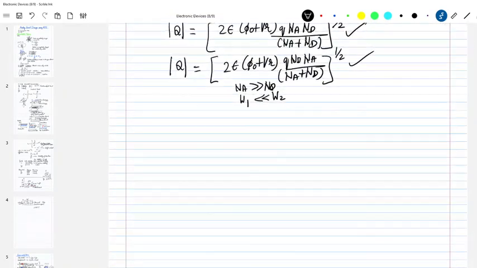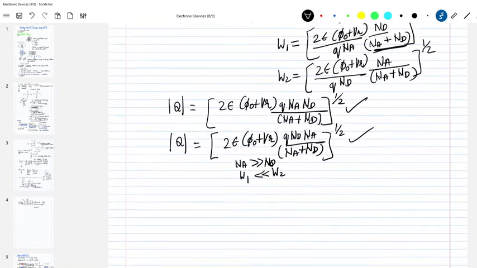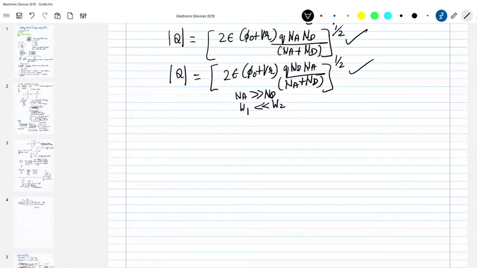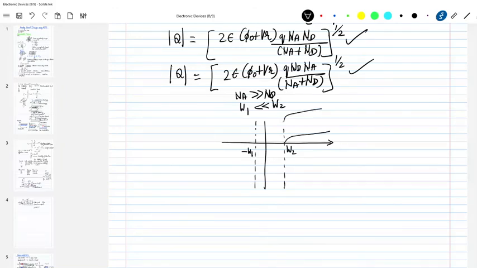Now one more characteristic which I need to discuss is this. Here I'm not going to draw, I'm directly going to use freehand. So this is an abrupt junction. Let's say this is minus W1, and this side is W2. Now in terms of carriers, the carriers are going to become 0 here.